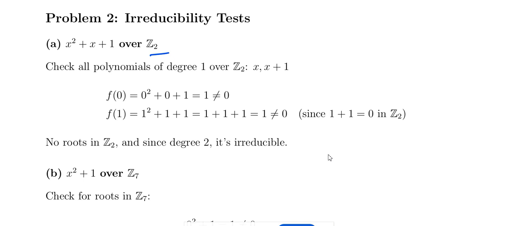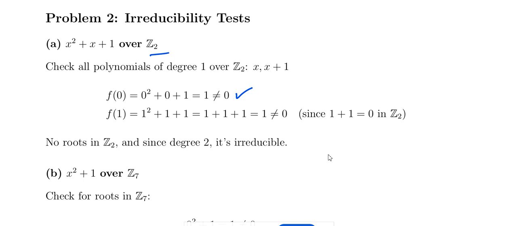So this is, out of the irreducibility test, a polynomial of degree 1 over Z2, that is x plus 1. So then if we find f of 0, f of 0 is 0 square plus 0 plus 1 equal to 1, this cannot be 0. If we find f of 1, that is 1 square plus 1 plus 1, that is 3. 3 modulo 2 is 1, and 1 plus 1 is 0, that is 2 modulo 2.